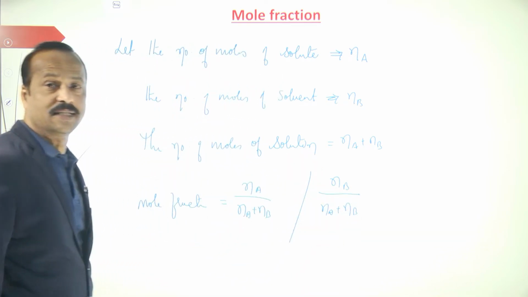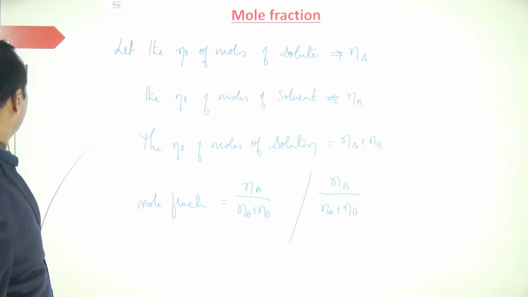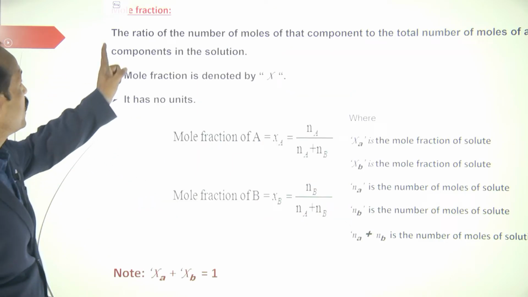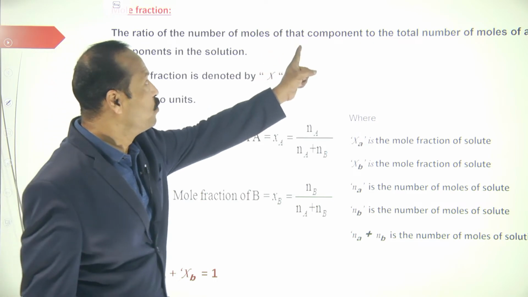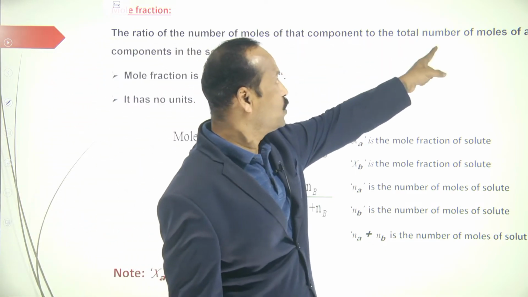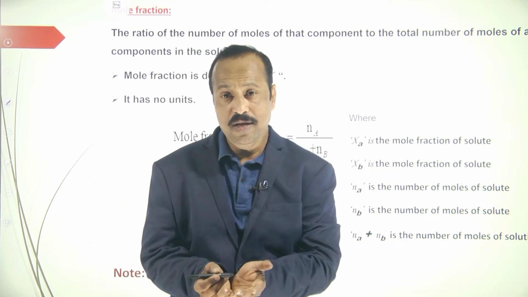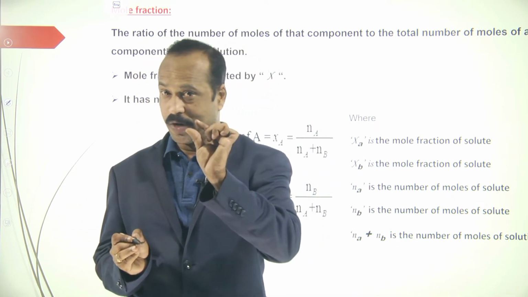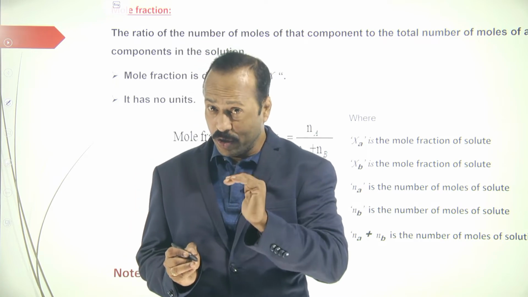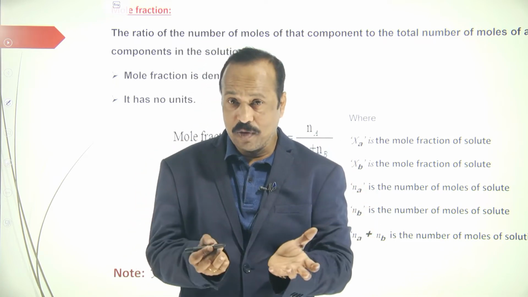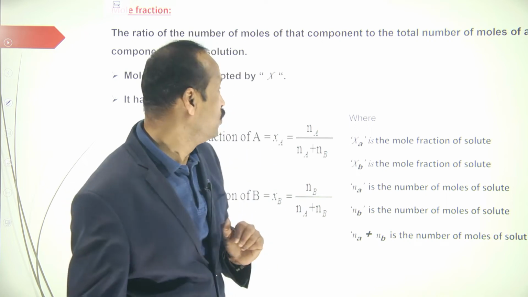Okay, this is mole fraction. So you can clearly understand here: the ratio of the number of moles of that component to the total number of moles of all components in the solution. So the moles of one component to the total moles of all the components is called mole fraction.